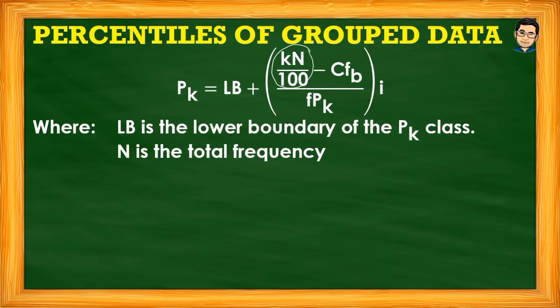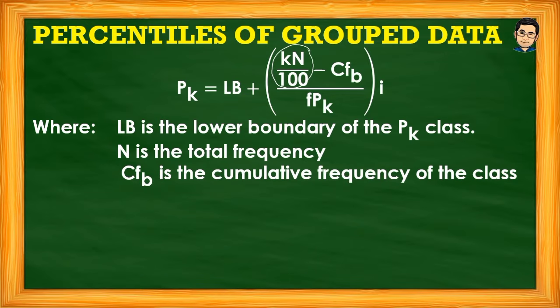And then, N is the total frequency. Ganun pa rin naman, i-add lang natin yung frequency ng bawat class dun sa ating distribution table. And then, CFB is the cumulative frequency of the class before the P sub K class.